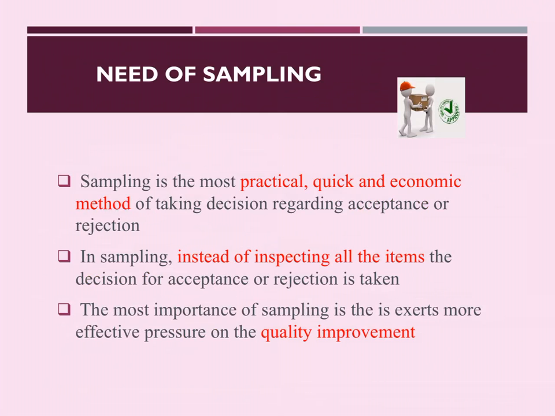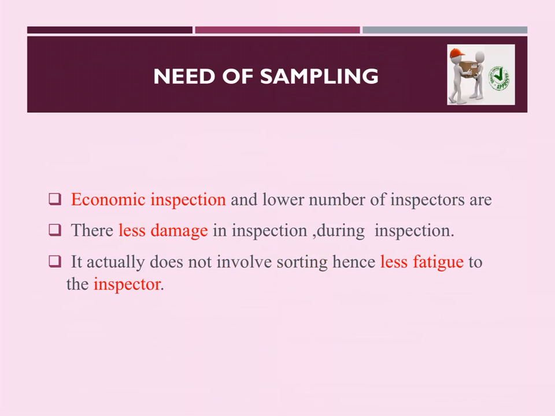The next need is the most important: sampling exerts more pressure on quality improvement, because we are going to take a decision on a single or double sample, so it puts more pressure. Next is economic inspection.